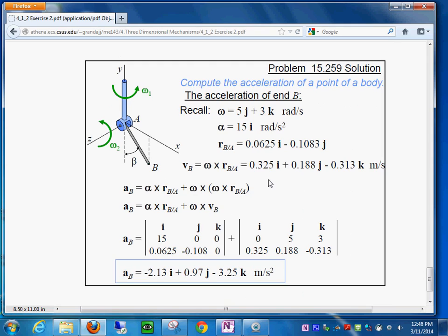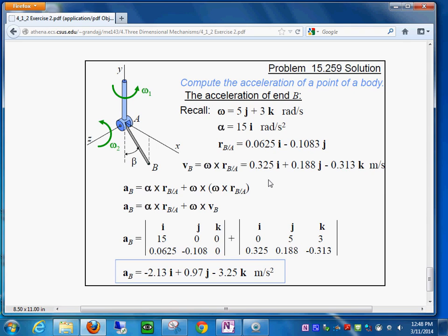You recall that omega was 5j plus 3k, and that alpha was 15i. The relative motion 0.062, minus 10 for j.